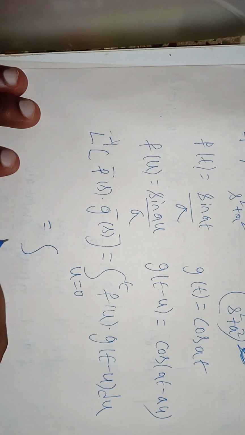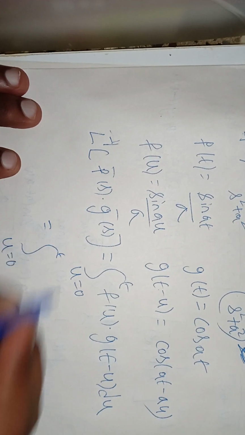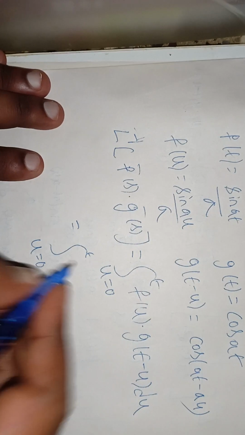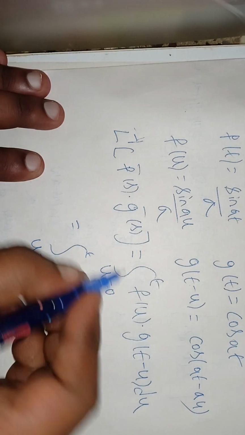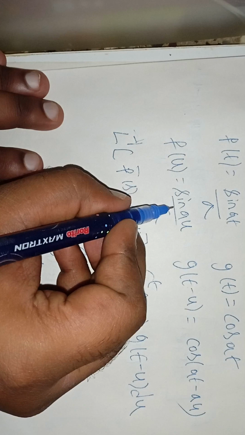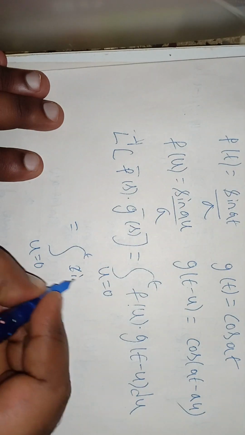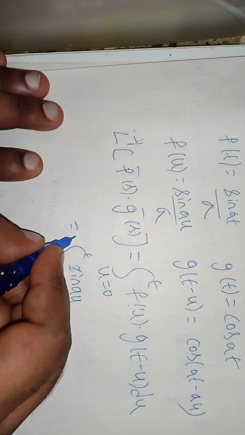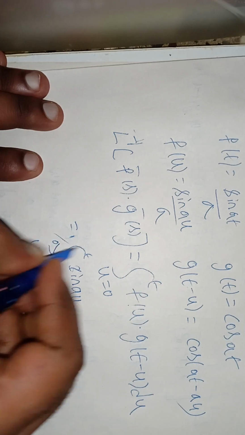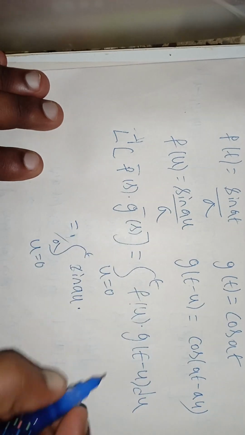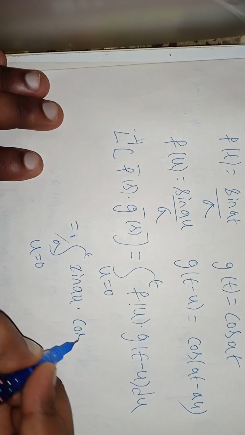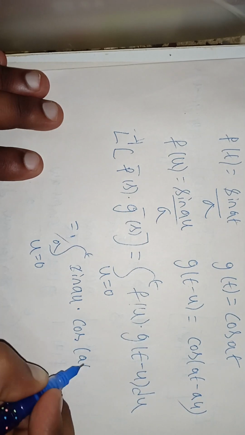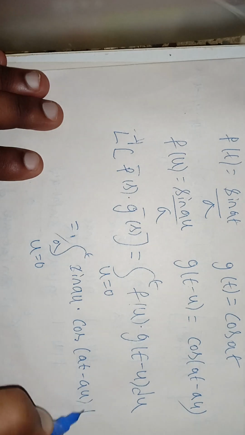So which gives you the integral u varies from 0 to t, f of u is nothing but this term, sin au, 1 by a outside, into g of t minus u, cos of at minus au, du.